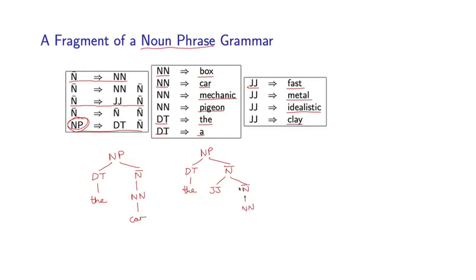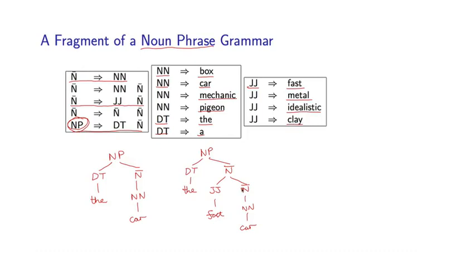And similarly, I can use N-bar goes to N, and then I can say JJ goes to fast, and NN goes to car. Okay, so what do I have here? I have a structure for the noun phrase the fast car. And notice that critically I've used this rule which says that I can create an N-bar by an adjective followed by another N-bar.